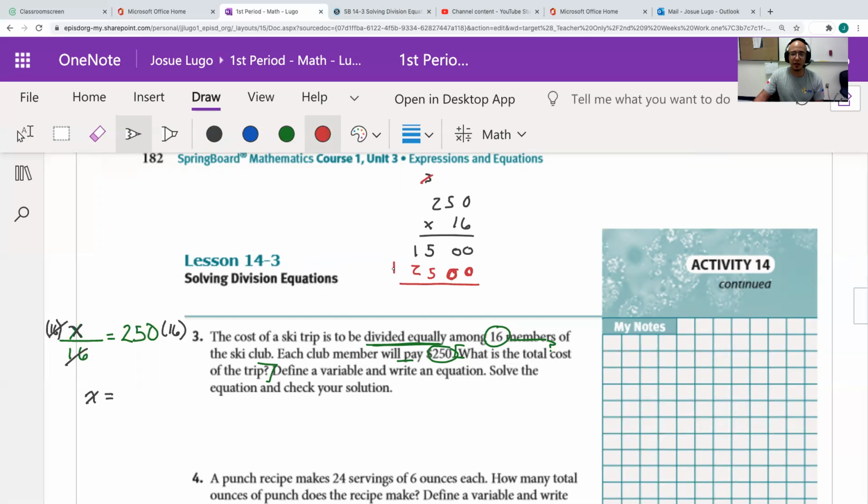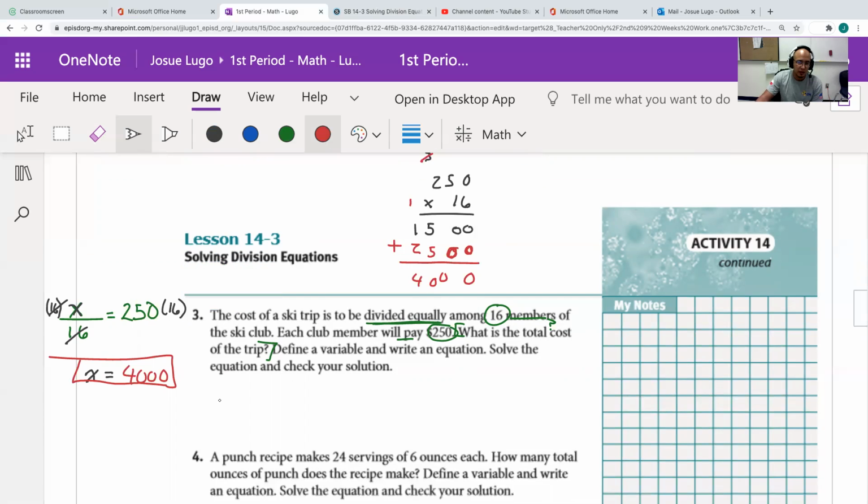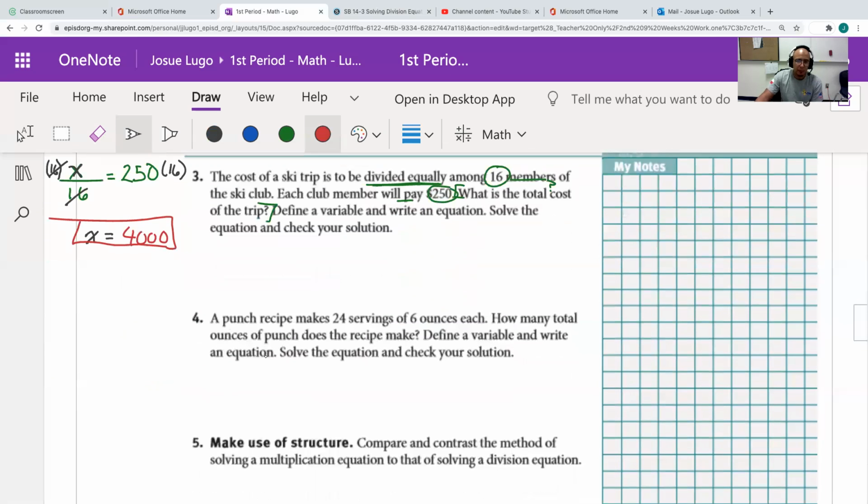Now we add everything together. 0, 0, 10, 4. So the cost of the trip would be $4,000. If you want to check it, you can do 4,000 divided by 16 and see if that gives you 250, which it should. All right, this is the last one.